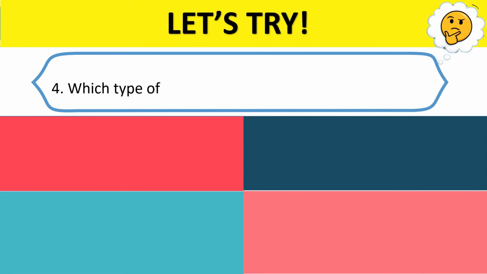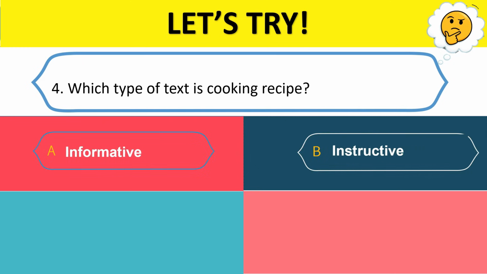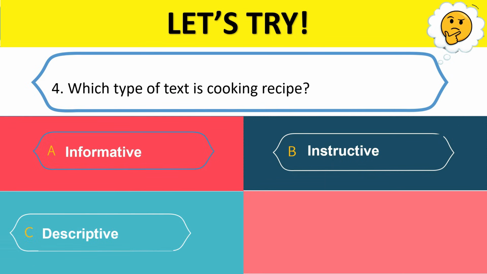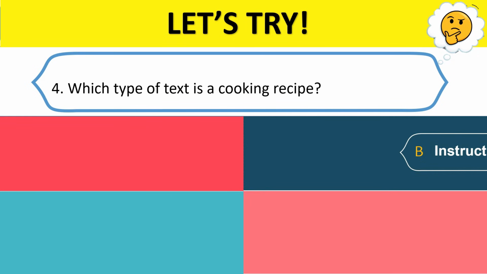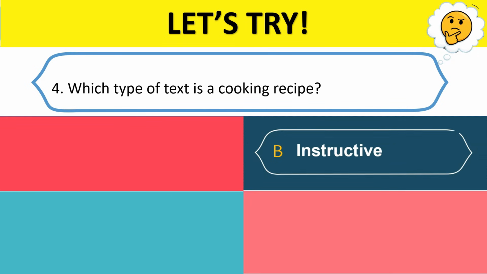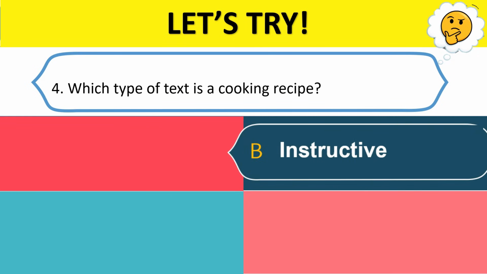Number 4. Which type of text is a cooking recipe? A. Informative. B. Instructive. C. Descriptive. D. Persuasive. What do you think is the correct answer? The correct answer is letter B. Instructive.